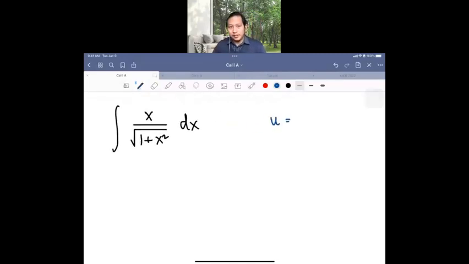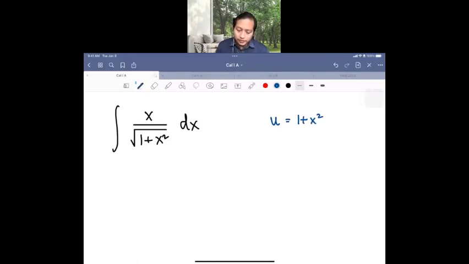It depends on your preference which part you use, because sometimes there can be more than one possibility. For example, I can start this u variable with 1 plus x squared.